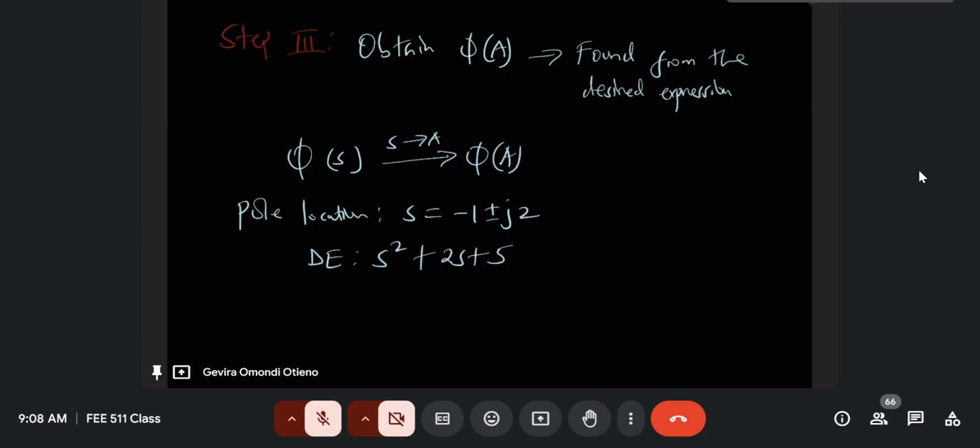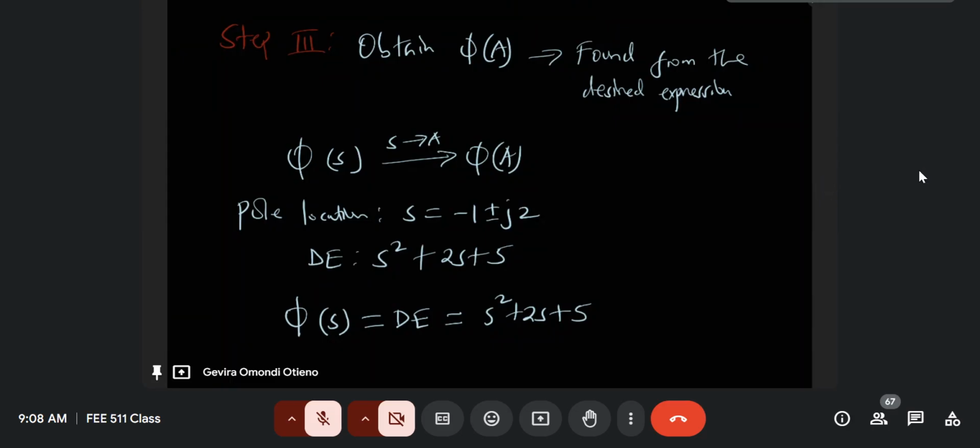Please note that phi of S is the same as the desired expression, which is S squared plus 2S plus 5.